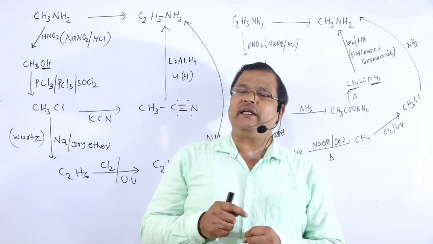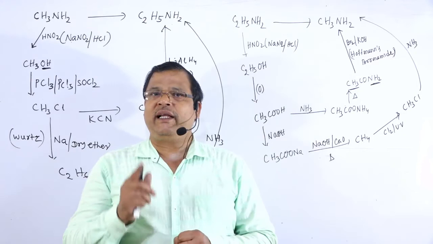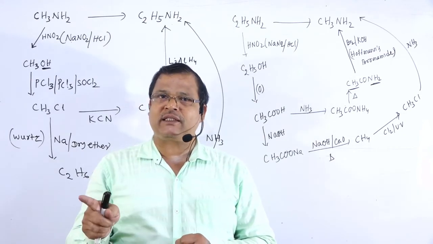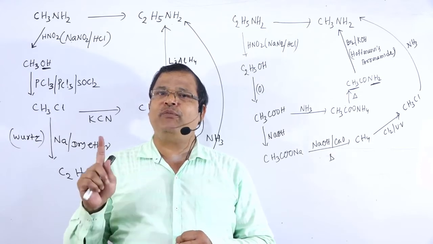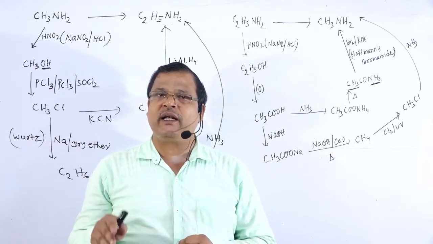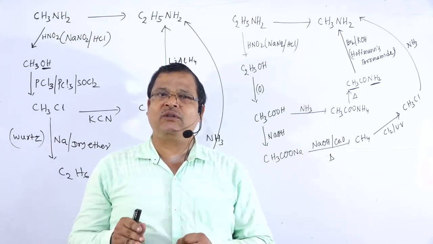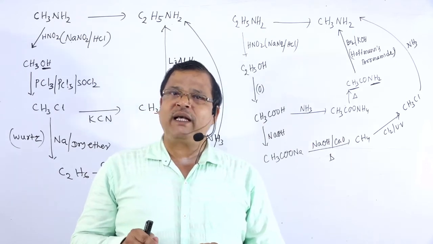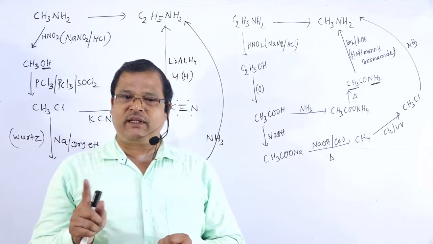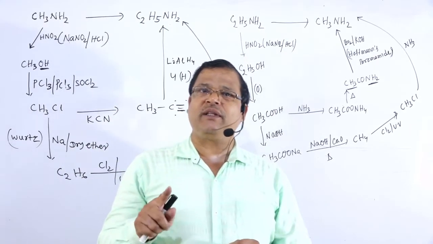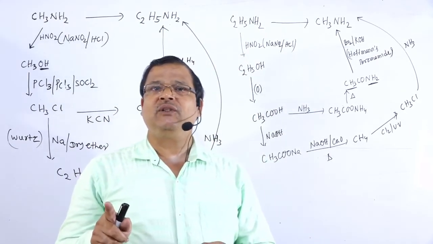And during the decrease of the carbon atoms, either Hofmann's bromamide reaction, that is acetamide with Br2 and KOH, which is a degradation reaction, or the Dumas method, or the decarboxylation method, that is, the sodium salt of the acid heated with soda lime.